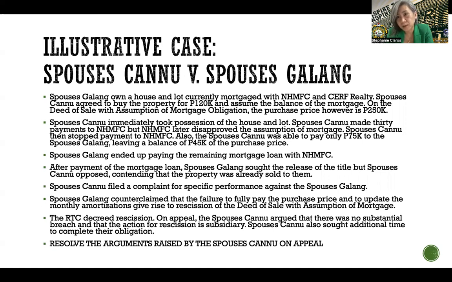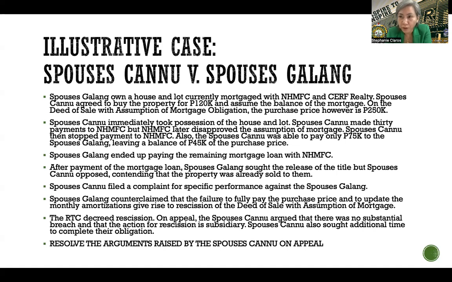So they executed a deed of sale with assumption of mortgage obligation, with the purchase price being 250,000. So the spouses Canoe was able to take possession of the house and lot, and they were able to make payments with the mortgagee. However, the assumption of mortgage was later disapproved.